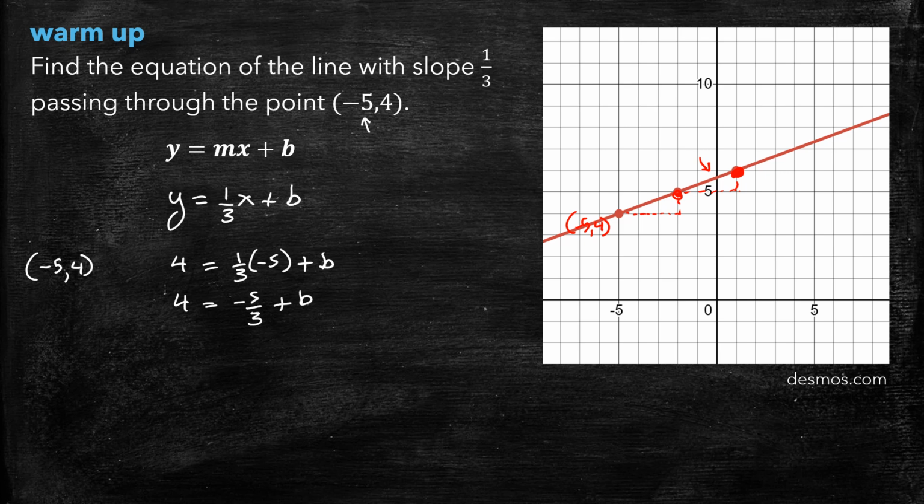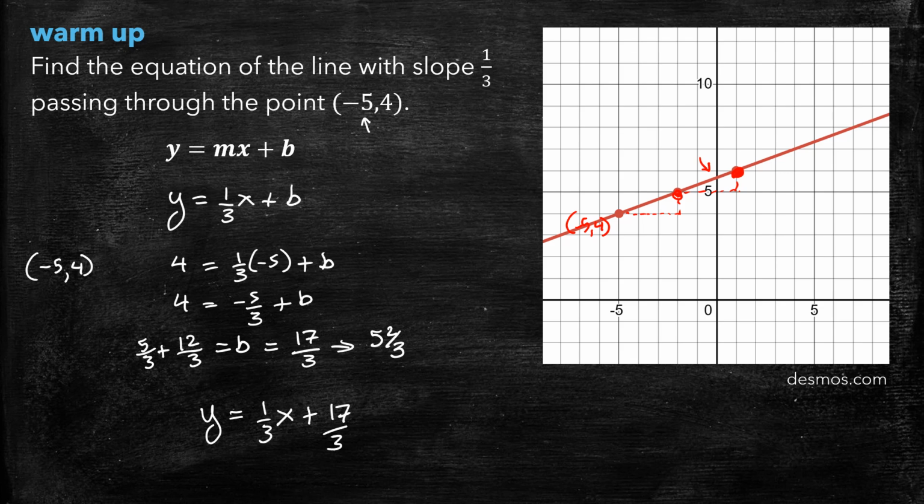If we add 5/3 to both sides, we get 5/3 plus 4, which we want to write as 12/3, and we get b equals 17/3, which as a mixed number is 5 2/3, as I had predicted. So our final equation is, don't forget, once you find b, you're not done. You still have to put that back into the equation: y equals 1/3 x plus 17/3.